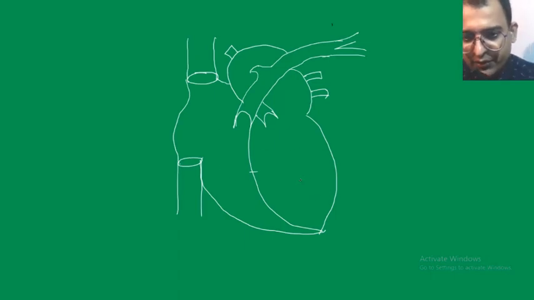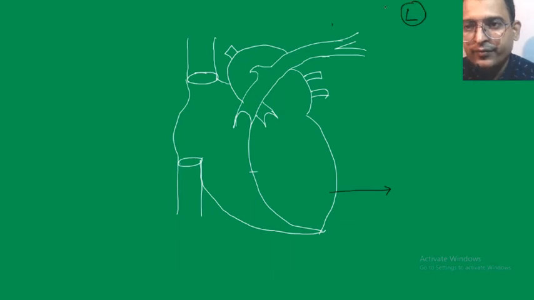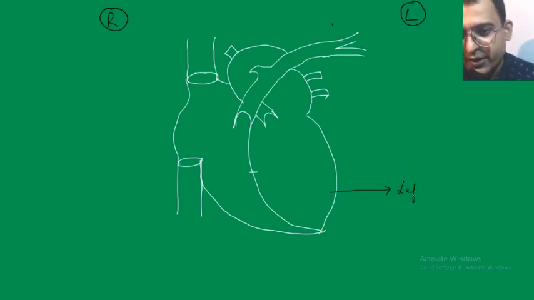So here what we are able to see, in order not to confuse, this is the left and this is the right. So this will be the left ventricle, this chamber will be the left atrium.